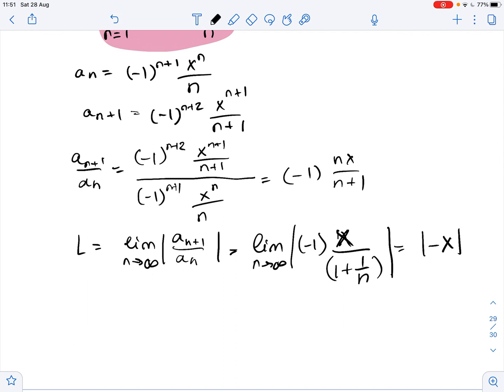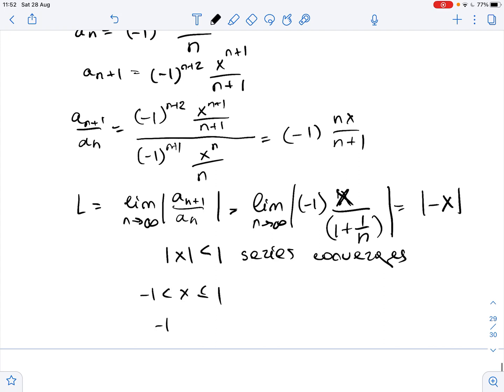So from the ratio test, if L is greater than 1, the series diverges. If L is less than 1, the series converges. The absolute value of x is less than 1, so the series converges. So we have found the interval of convergence. This interval is from -1 to 1. So when x lies in this interval, the series converges.